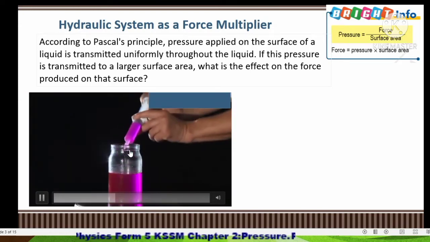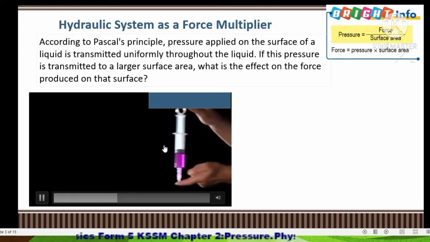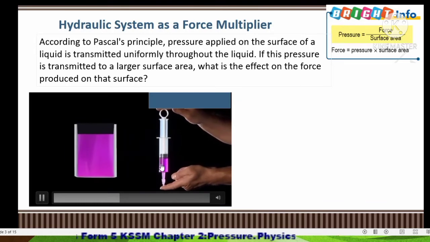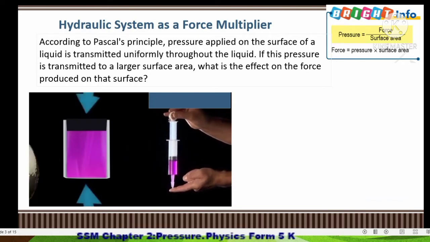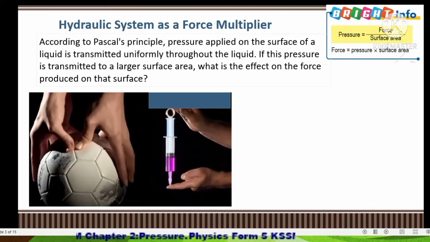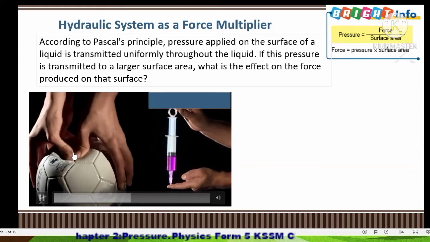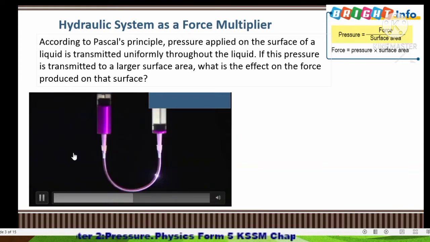The special property of the liquid is that it is incompressible, meaning the volume cannot be changed, cannot be compressed. Unlike air, air is easily compressed. So the hydraulic system must be free of air.